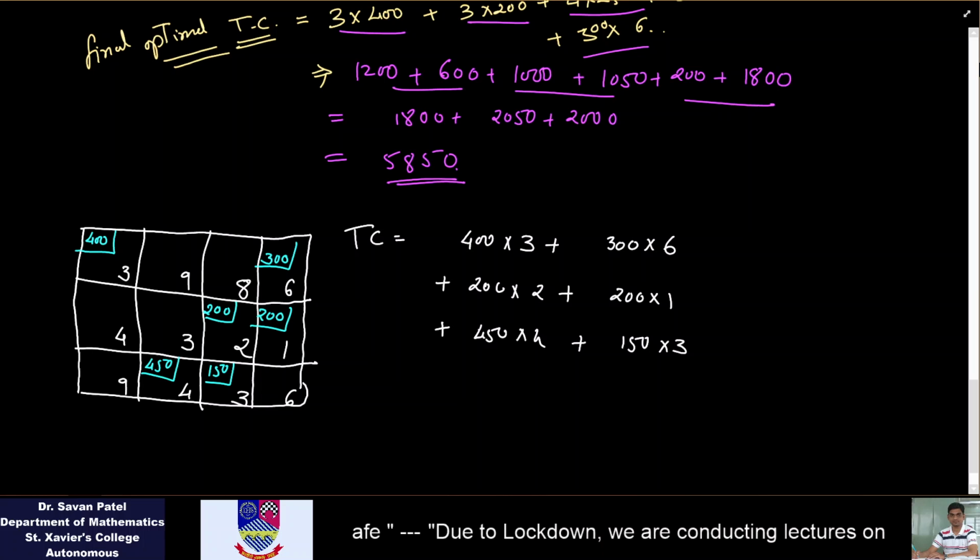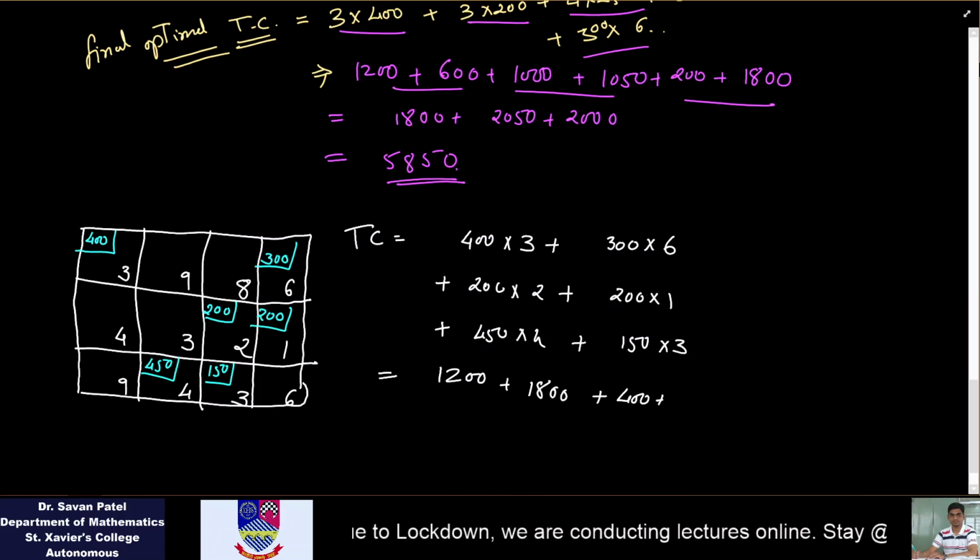So the sum here: it is 1200, here it is 1800, then here it is 400, here it is 200, here it is 450 times 2, it is 900, and then 1800, and here it is 450.